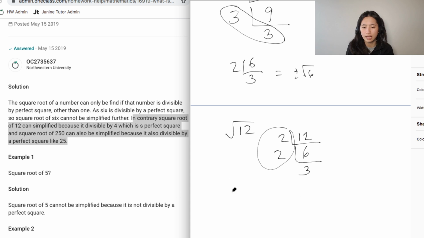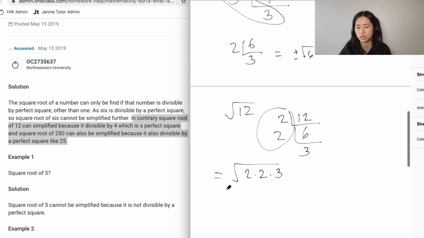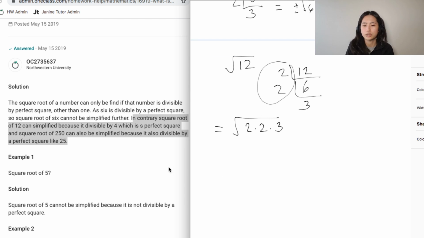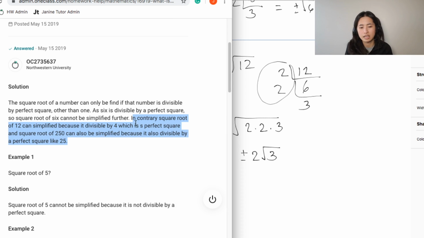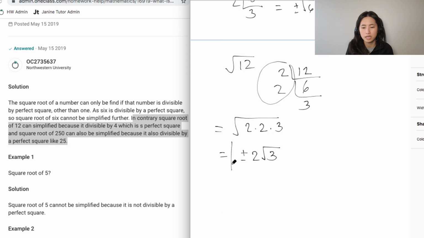So I have 12, which is 2 times 2 times 3. So square root of 4, because it's 2 times 2, is actually going to be 2. If you take the square root of 4, it's going to be 2, so this is just going to be plus or minus 2, and whatever's left inside is going to be square root of 3. So that's what they're trying to say here: in contrary, square root of 12 is going to be equal to this.